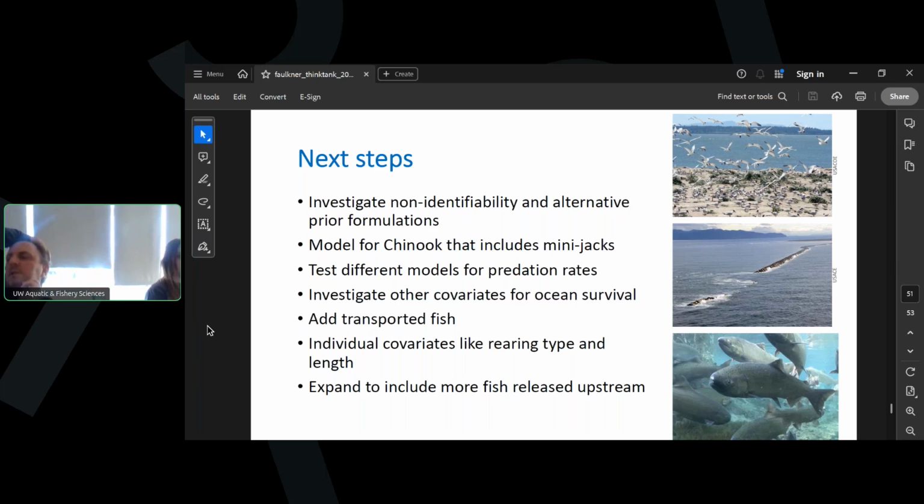These things already take quite a while to run, so the more data you add, the harder it's going to be. I was just running the Chinook one. I was going to see if I could get results for this talk, but it took too long to run. I started it on Thursday, and I don't even know if it ended last night. It was almost there.